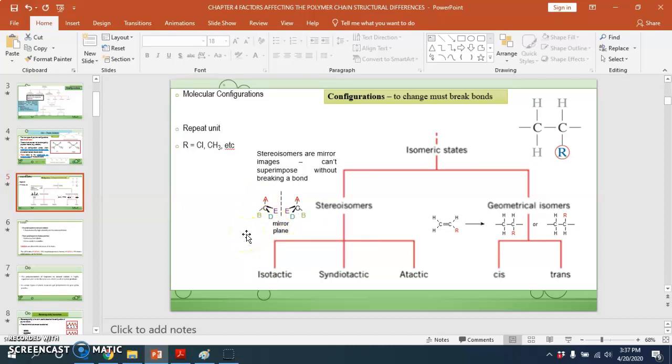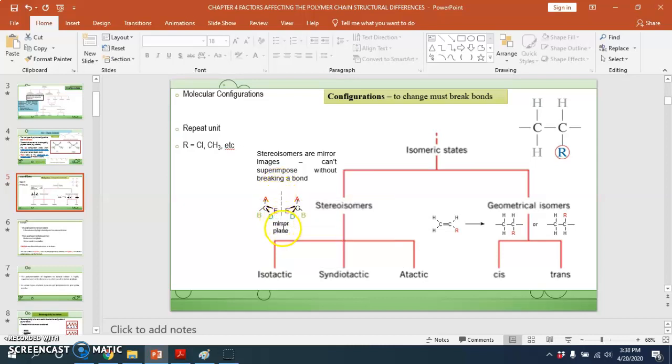So it can exist in two different forms, with the rotation of B, E and D like this, or B, D and E arranged on the other side. So it can exist in two forms which are mirror images.